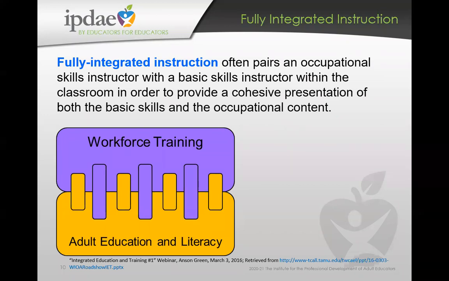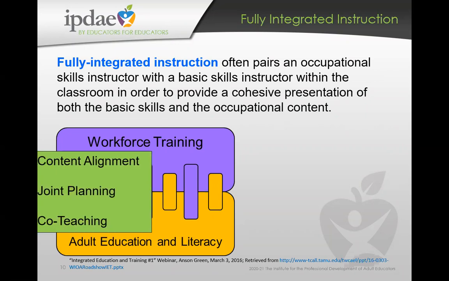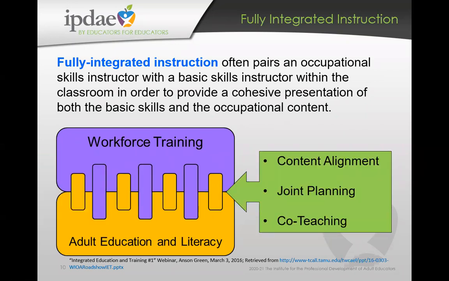Well, there are several conditions for fully integrated instruction to occur. First, you have to have content alignment. When we're looking at the adult basic education curriculum or standards, I can't create an integrated curriculum or alignment with every career technical program out there.